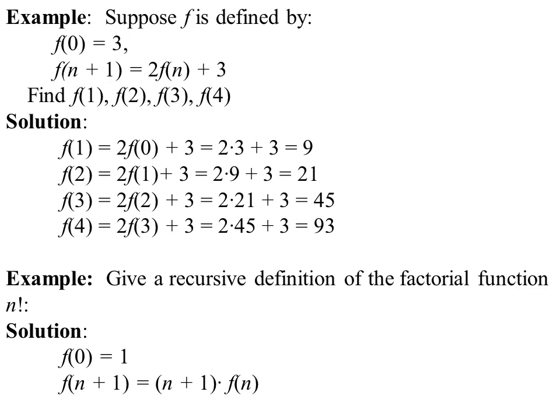For f of 2, which is equal to 2 into f of 1 plus 3, the f of 1 value we get from the previous step, which is equal to 9. Substitute it here and you'll get 2 into 9 plus 3 is equal to 21. Similarly, you can find the values for f of 3 and f of 4.